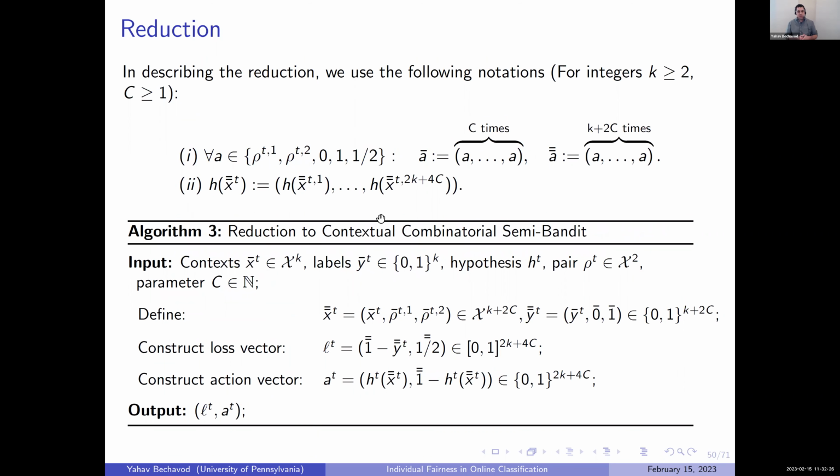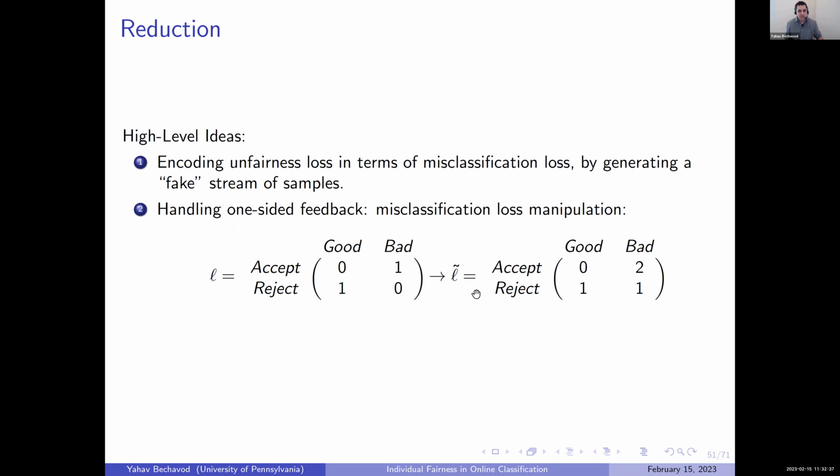So the reduction, there's a lot of notation here, but there are two main ideas that are important. First, we take the stream of individuals that arrived and the reading of the penalty of the violation, and we use this stream and the reading to generate a new, fake stream, which encodes the fairness violation part in terms of the 0, 1 loss.